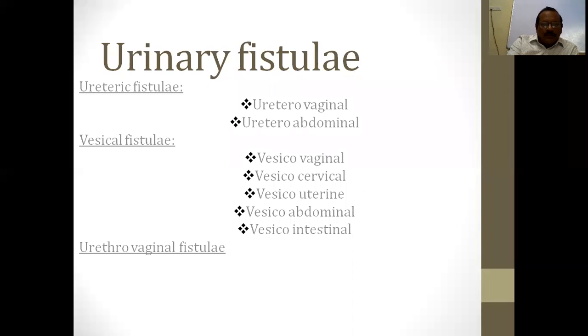The vesical fistulas are vesicovaginal, which is the commonest type of fistula, and vesicocervical, vesicouterine, vesicoabdominal, and vesicointestinal. And urethrovaginal fistula is a communication between the urethra and vagina.